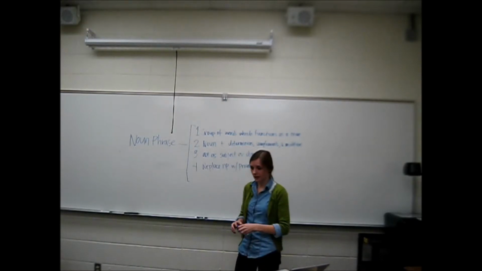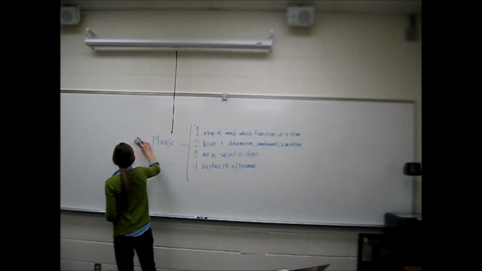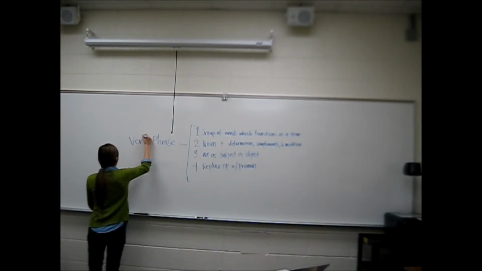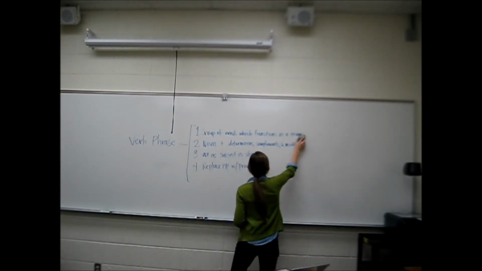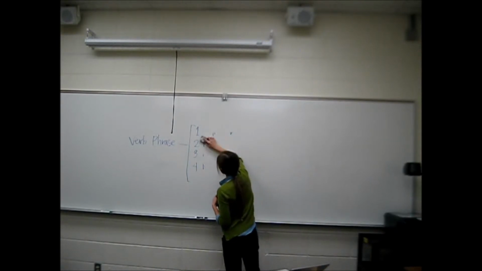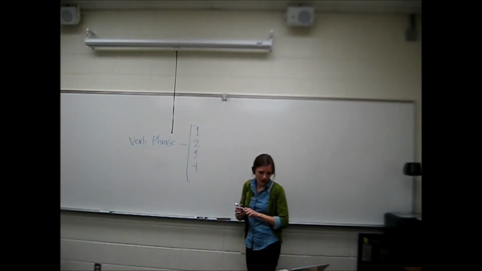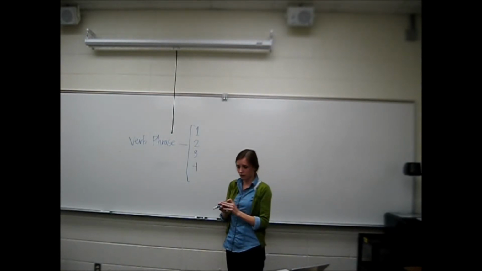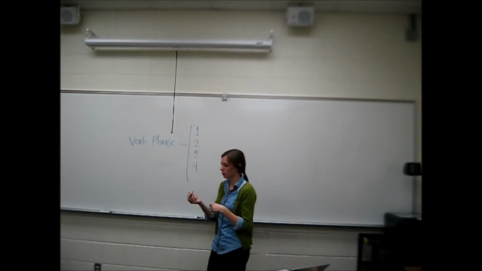Okay. Next up, we're going to do verb phrases. And if you'll copy this also on your vocabulary sheet. Okay, a verb phrase. There are two different kinds. We have a broad definition and a more narrow definition.